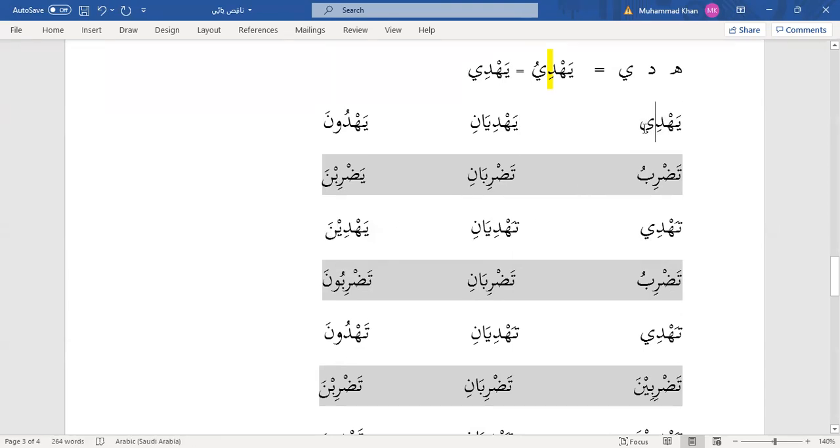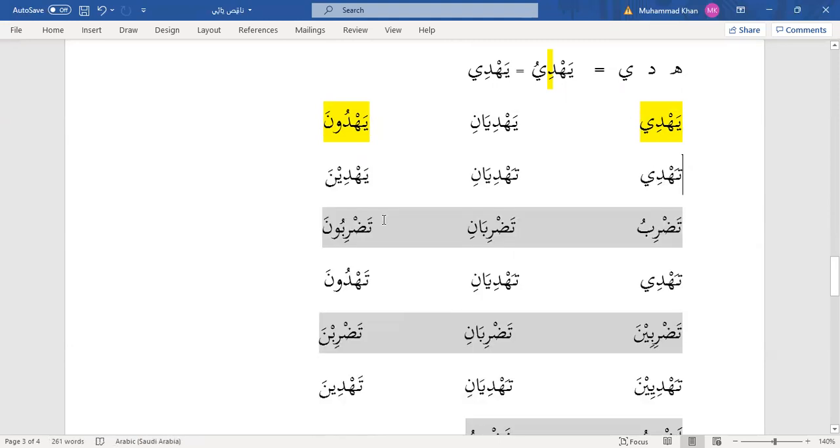So what changes have taken place? Number one, the change will take place for yahdi, and then the second change will take place for yahduna. And because we are going to remove this one, for antum also the change will take place. Because if you remember, if one rule is applicable to one, even if it is applicable to five, we will take it as one rule.